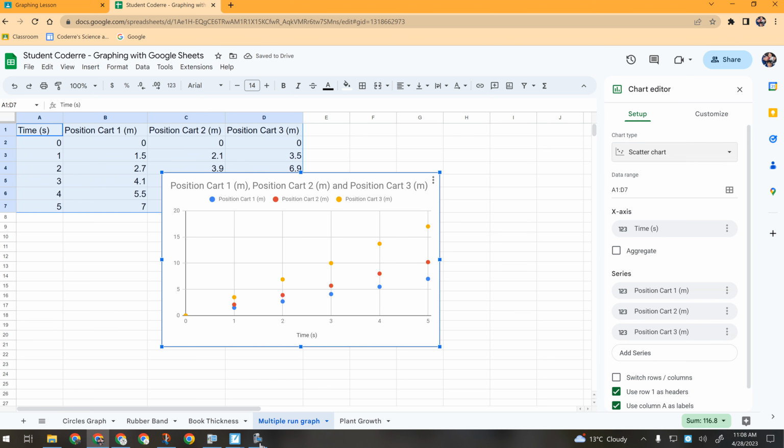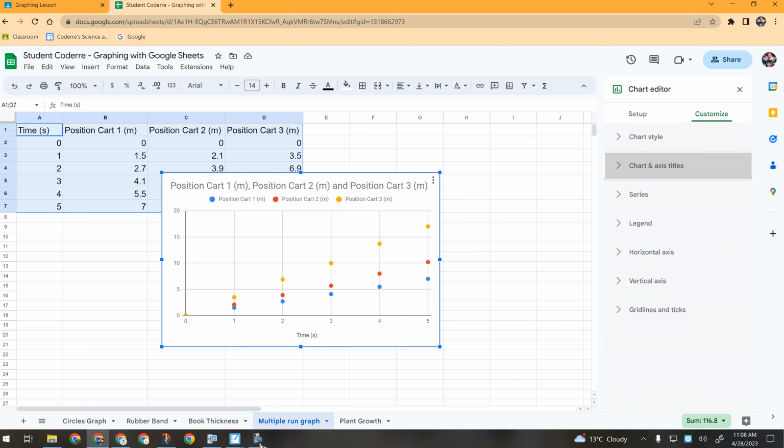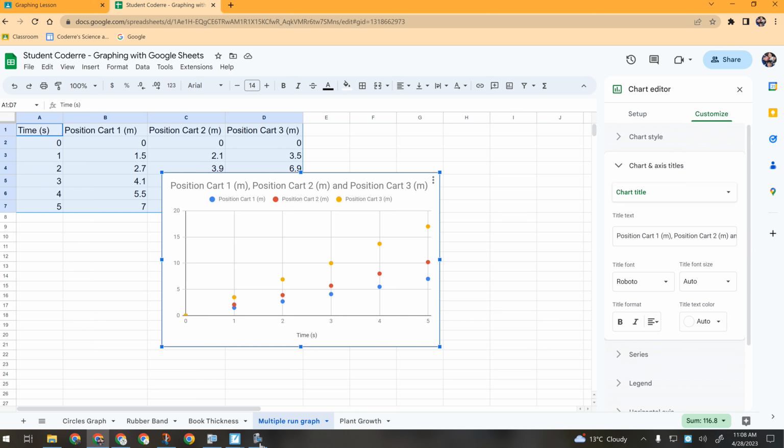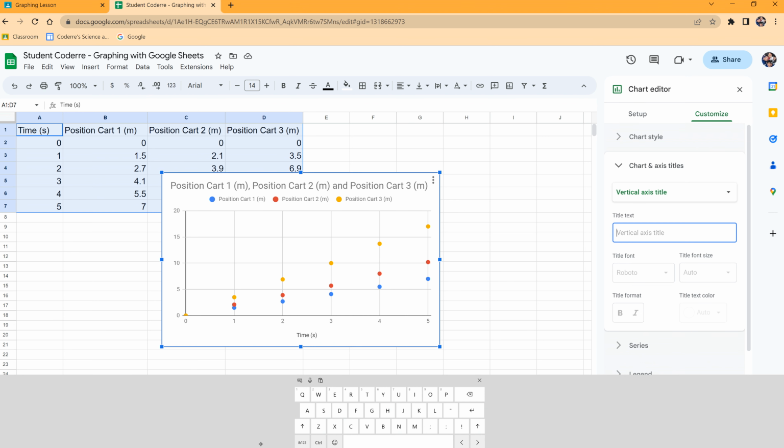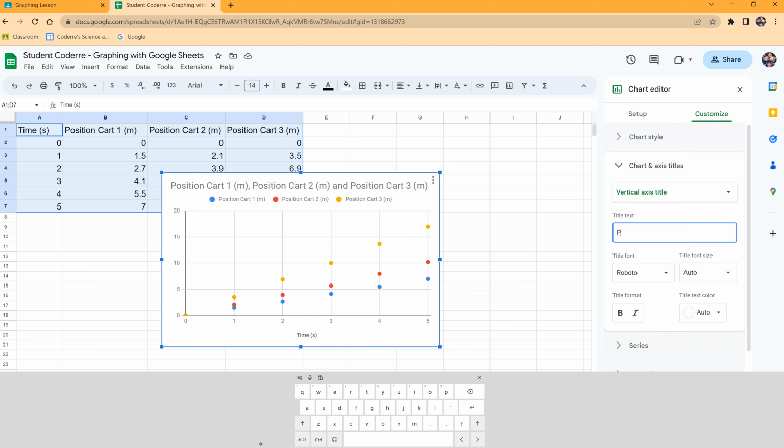That's better. That's 3 sets of data: yellow points, red points, and blue points. And I didn't get a label on my y-axis this time, so I'm going to have to put that in myself. That goes in under customize, chart axis and titles, and I want to change it from chart title to vertical axis title. Right now there's nothing in there, so I'll type in position in meters.